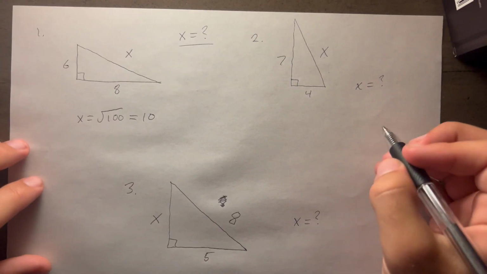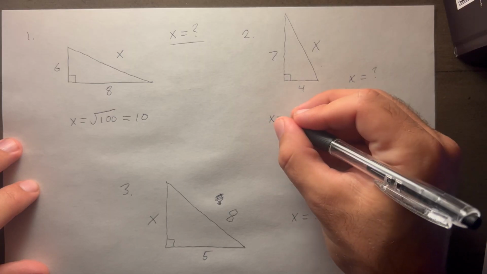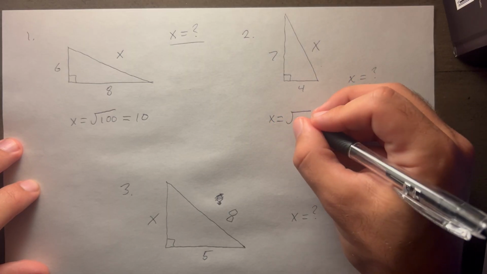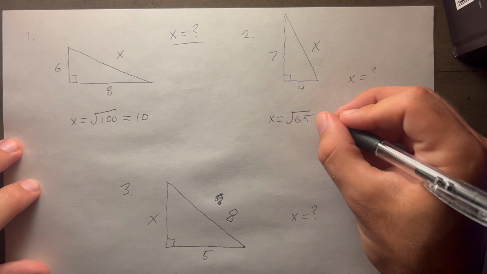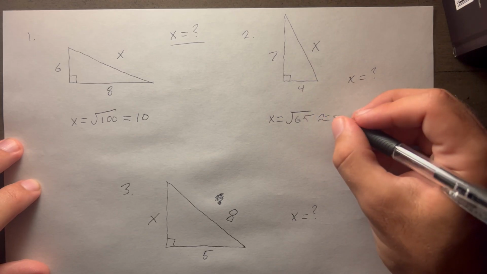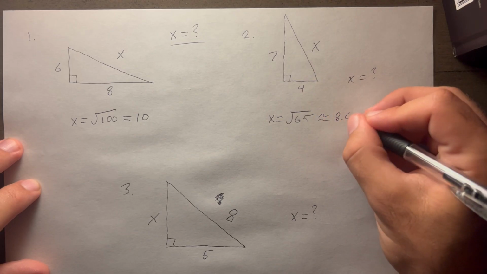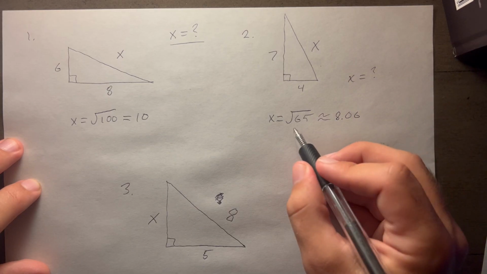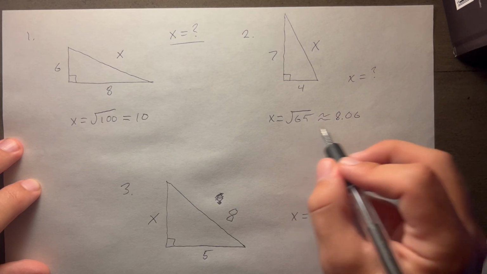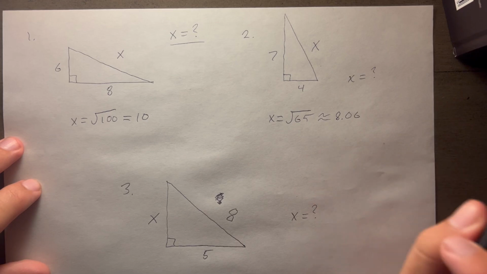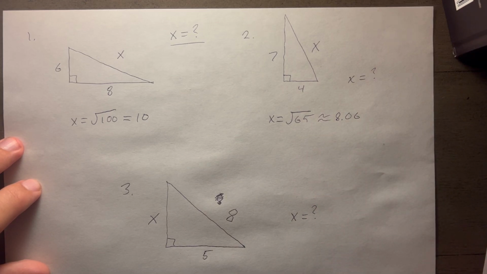Number 2, the answer was the square root of 65, which, if you want, it simplifies to 8.06. Again, depending on your teacher, some of them like it to leave in the radical, some of them like to round it out. Up to you. And then finally, number 3, x equals square root of 39, which is about 6.24. Okay.